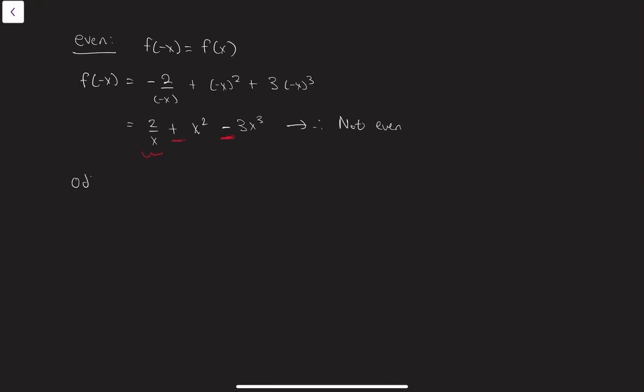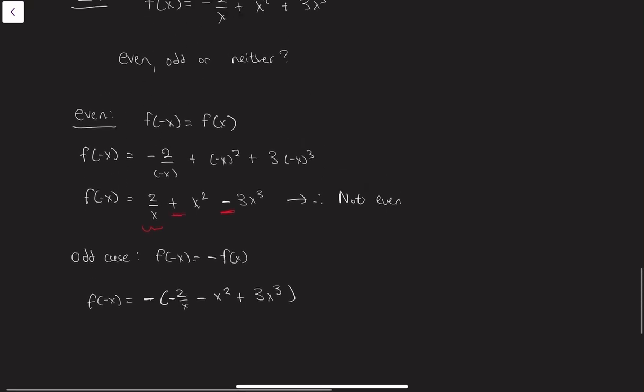In the odd case, we've already computed what f of negative x is equal to, but in the odd case, we need f of negative x to equal negative f of x. So let's pull out a negative sign and see what we get. For f of negative x, we would pull out a negative and go 2 over x, and there's a negative sign in front of that, minus x squared, and then you'd have a positive 3x cubed.